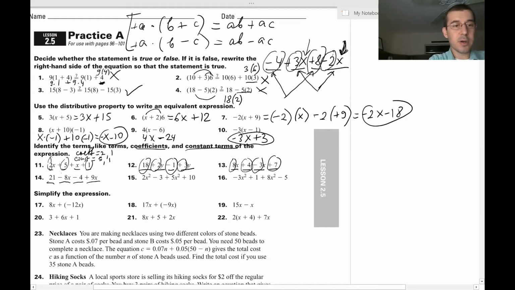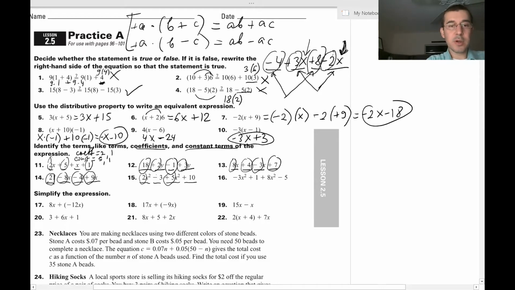The coefficients are minus 8 and plus 9. And the constant terms are 21 and minus 4. Okay. 15. The terms are 2x squared minus 3 plus 5x squared plus 10. The coefficients are 2 and 5.